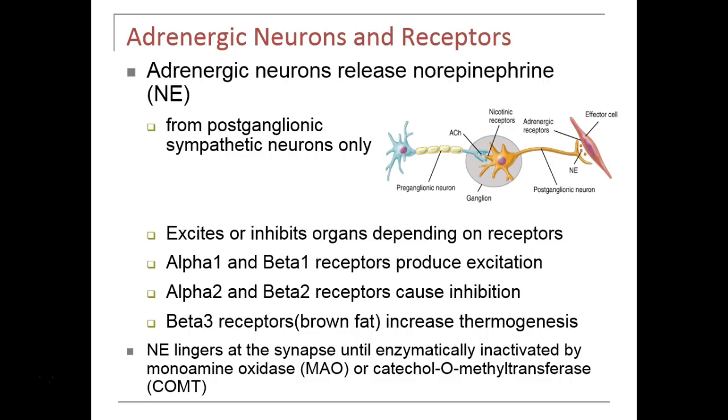The adrenergic receptors come in two major forms. They're referred to as alpha adrenergic receptors or beta adrenergic receptors. So down here I shortened it up and said alpha and beta. So alpha adrenergic receptors or beta adrenergic receptors always bind norepinephrine. They can also bind epinephrine as well, that's being released by the adrenal medulla.